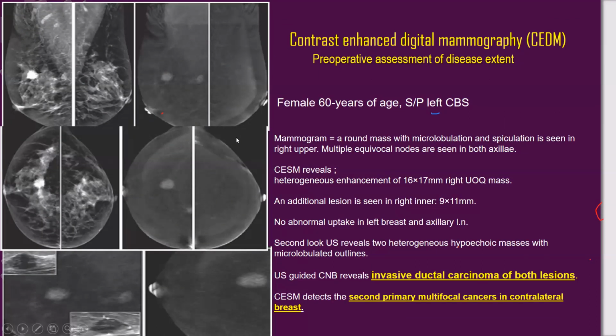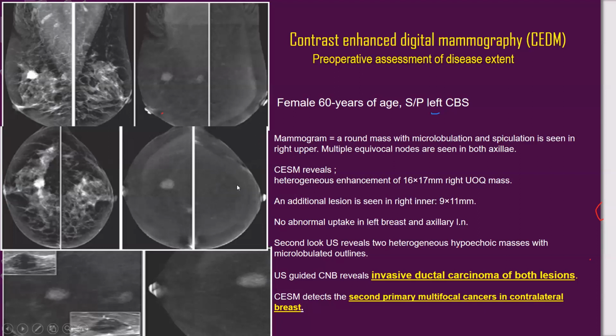Again, this is a preoperative assessment of a 60-year-old lady with previous wide local excision or conservative breast surgery for breast cancer, presented with this dense mass here in the relatively dense mammogram. When doing the contrast study, it demonstrates another multifocal lesion in the same breast.